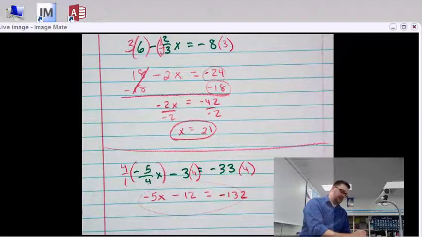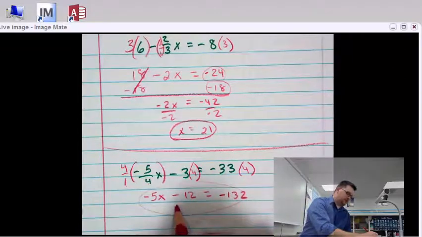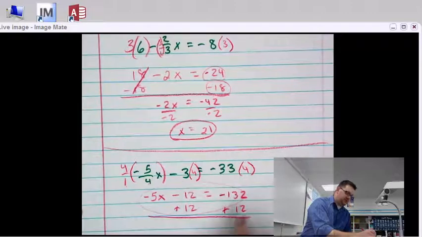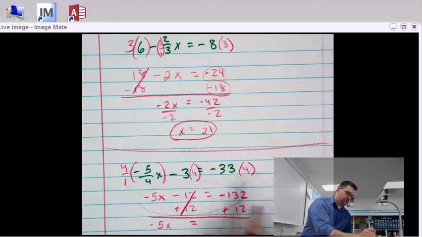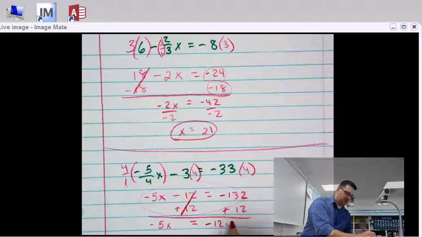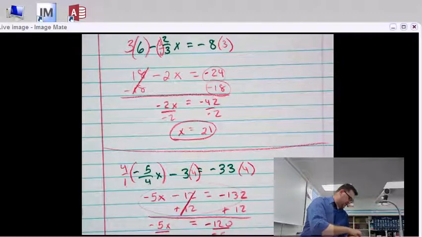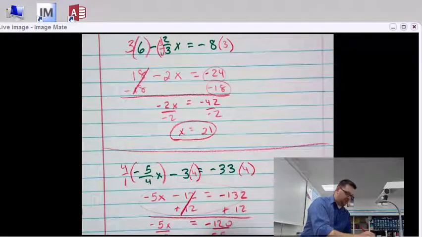Now that shouldn't be very difficult to solve. Why don't you pause the video and solve it yourself. If I add 12 to both sides, I get -5x equals -120. Divide by -5. x equals -120 divided by -5, which is +24.